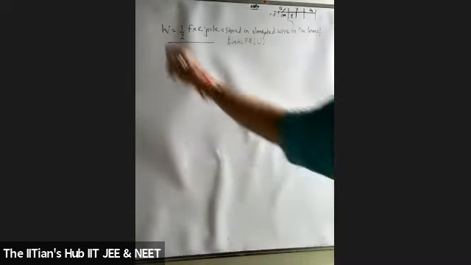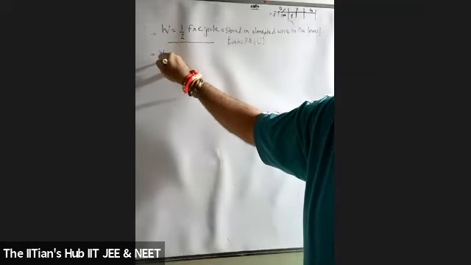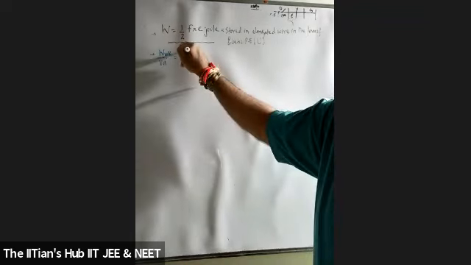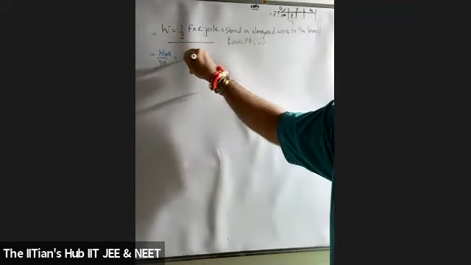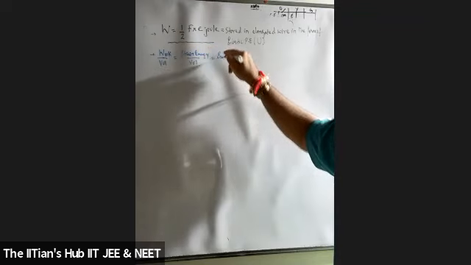One more formula you'll be speaking about, work done per unit volume, which is also called as strain energy per unit volume, which is also called as energy density.